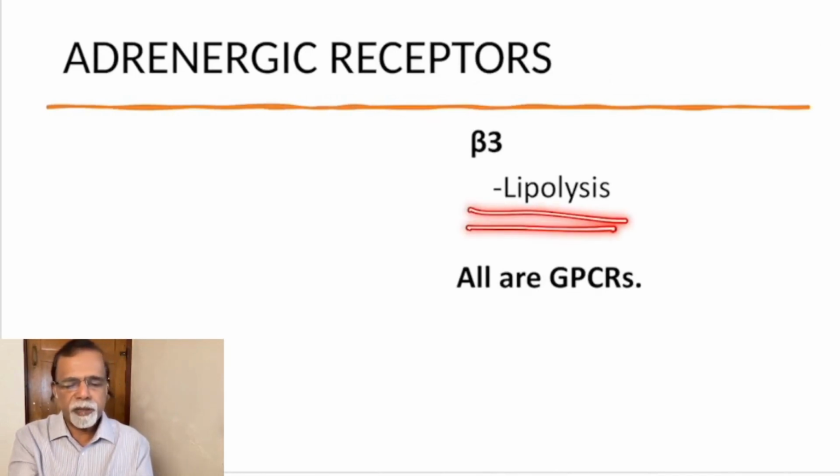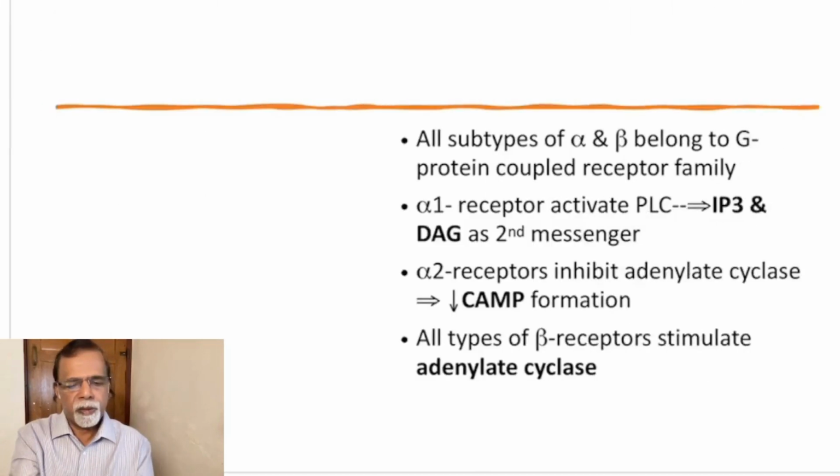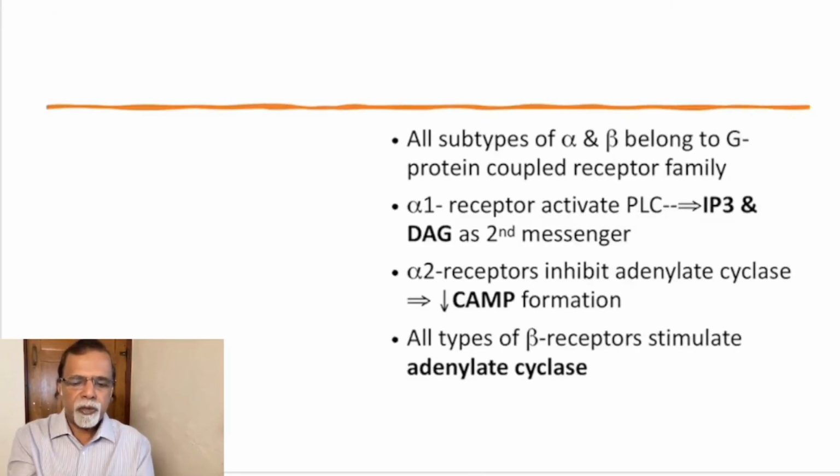Beta 3 is for lipolysis, and remember all are G protein related. All subtypes of alpha and beta receptors belong to the G protein coupled receptor family, about which we will study later. Alpha 1 acts through inositol phosphate, and alpha 2 receptor activation inhibits adenyl cyclase, so cyclic AMP formation is decreased.